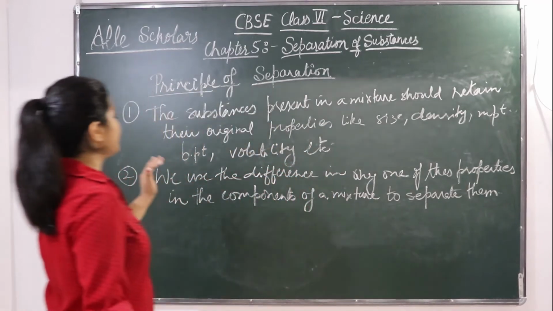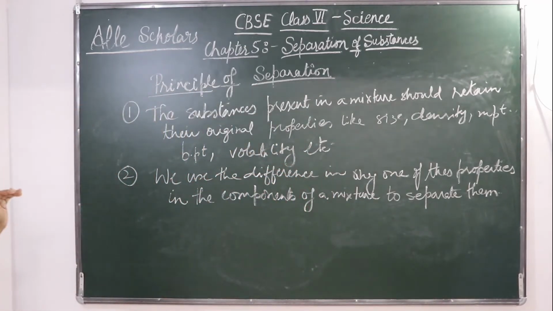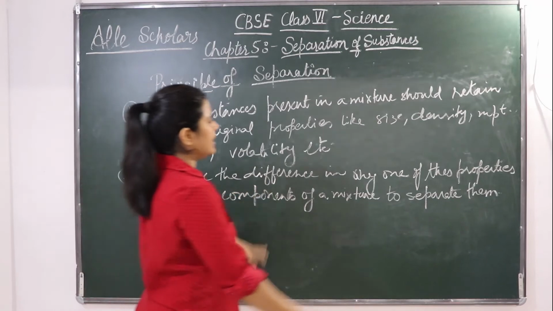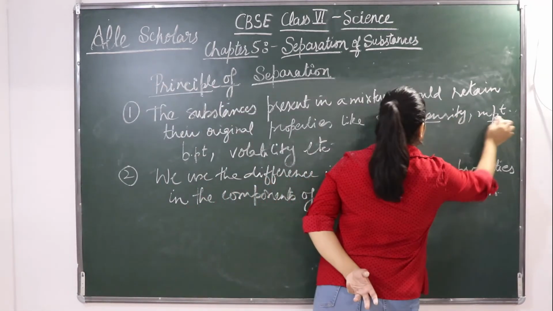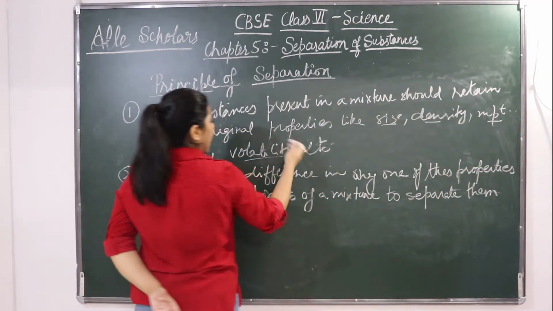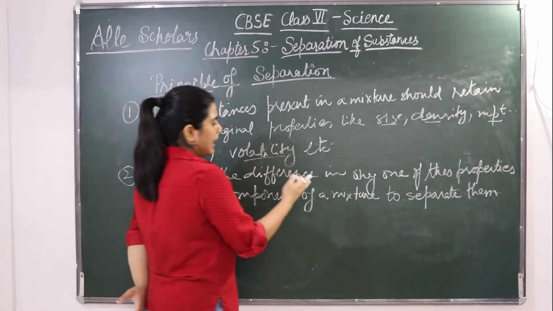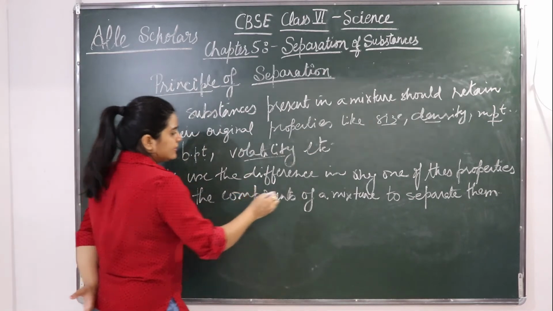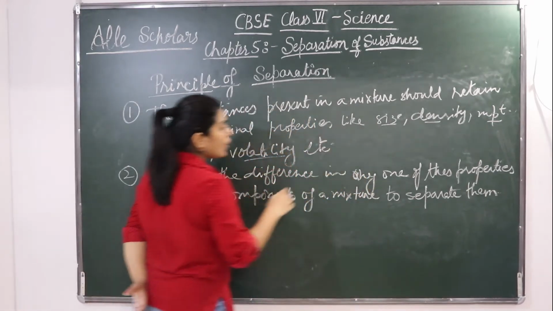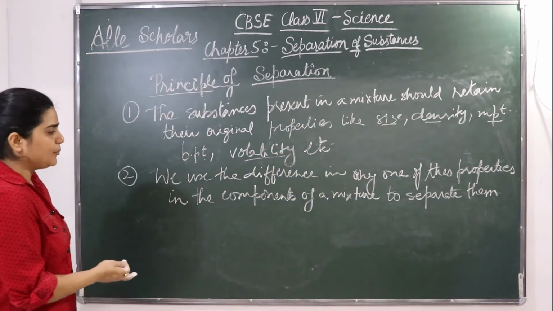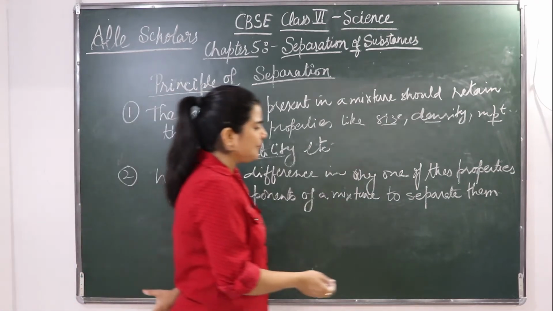Fine. So the substances present in a mixture should retain their original property like their size, density, melting point, boiling point, etc. Any property it can be. We use the difference in any one of these properties in their components of a mixture to separate them.